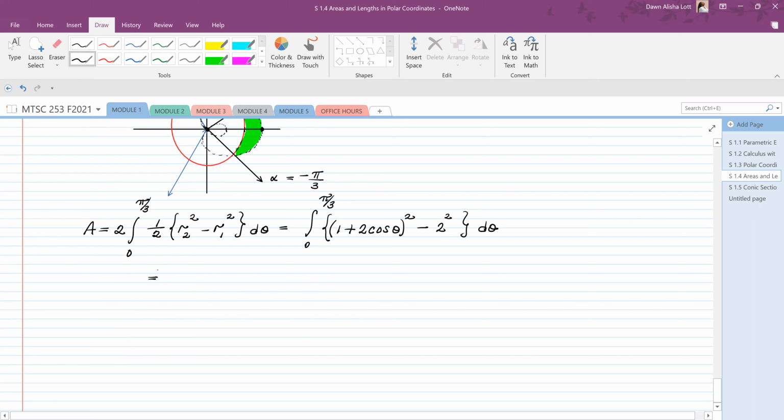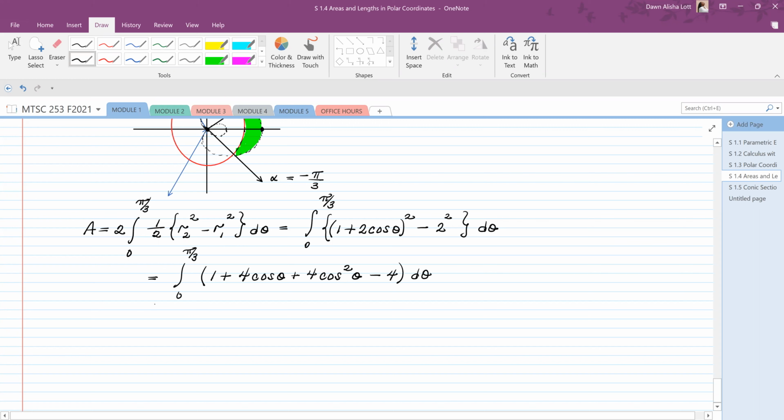So this then becomes the integral between 0 and pi over 3 of 1 squared plus 4 cosine theta plus 4 cosine squared theta, and then I'm going to subtract off 4.